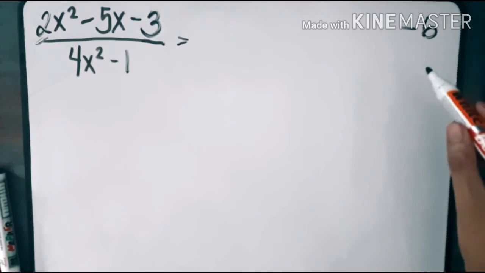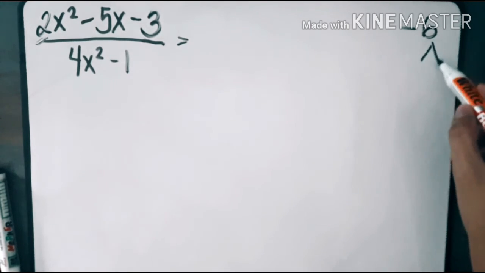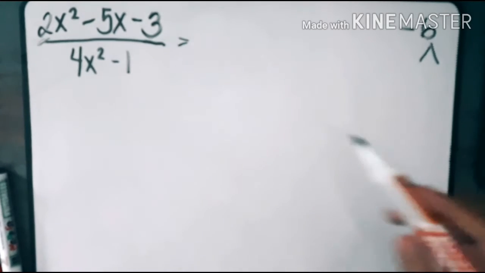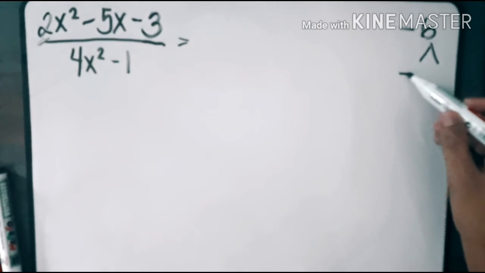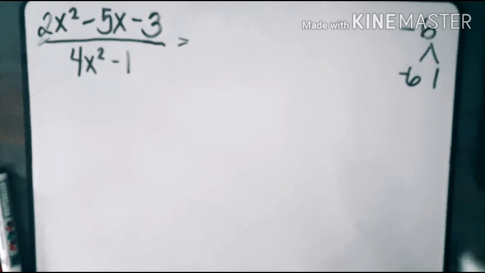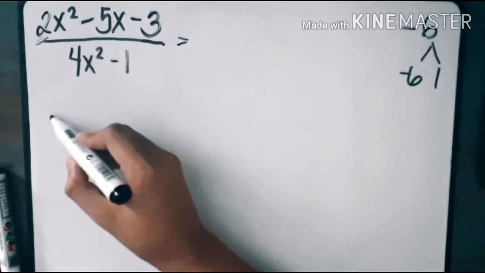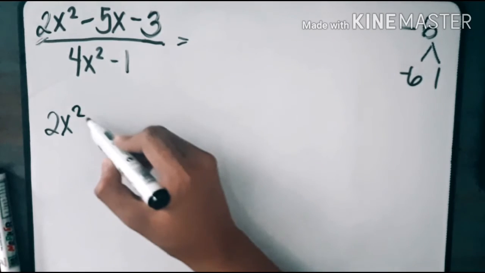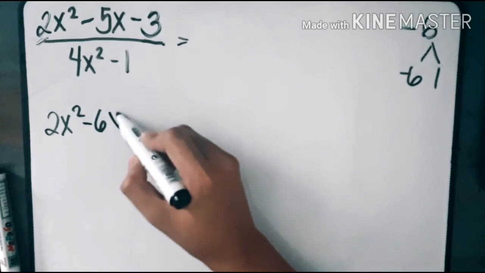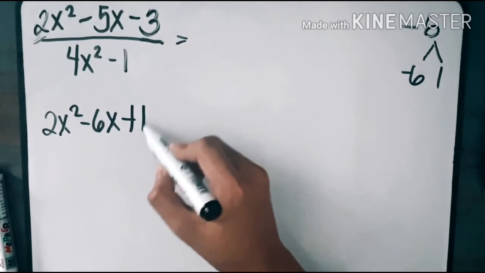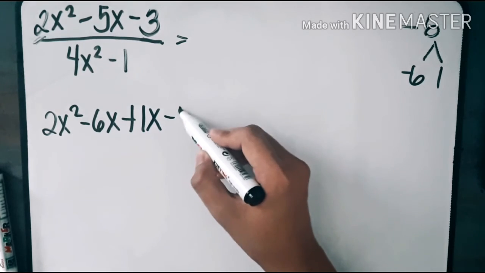And we have to think of two numbers that have a sum of negative 5, which is negative 6 and positive 1. So, that will be 2x squared minus 6x plus 1x minus 3.